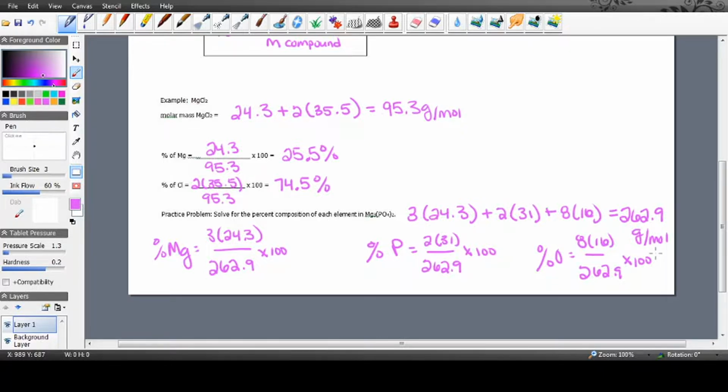And I get 27.7%. Maybe I'll go ahead and put these in a different color since I got a little squishy on my room here. So my magnesium is 27.7% magnesium. And 23.6% phosphorus.